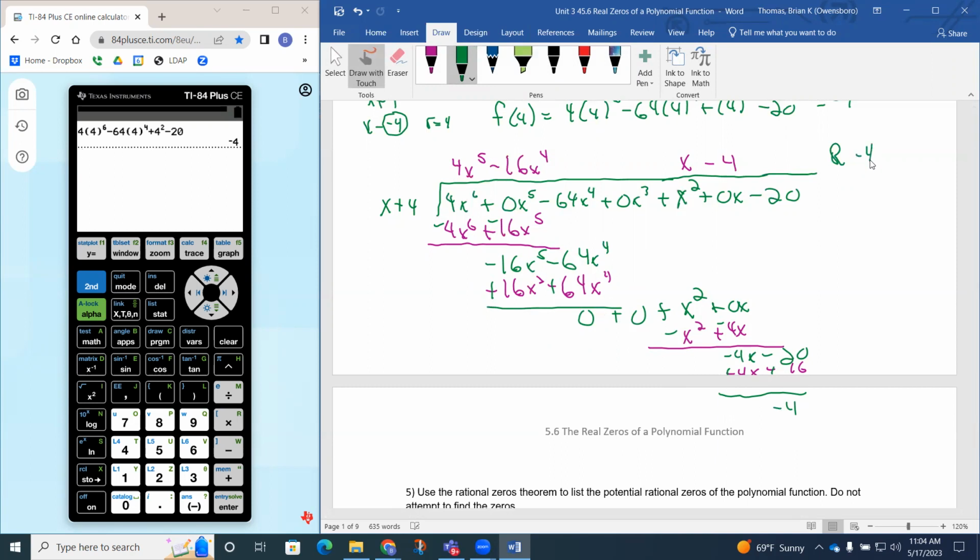The remainder would be a negative 4. So what we actually would have is 4x to the fifth minus 16x to the fourth plus x minus 4 as our quotient, but there's a remainder of this negative 4 over here. So since we didn't go into it evenly, it's not going to be a factor. So it does check out actually.